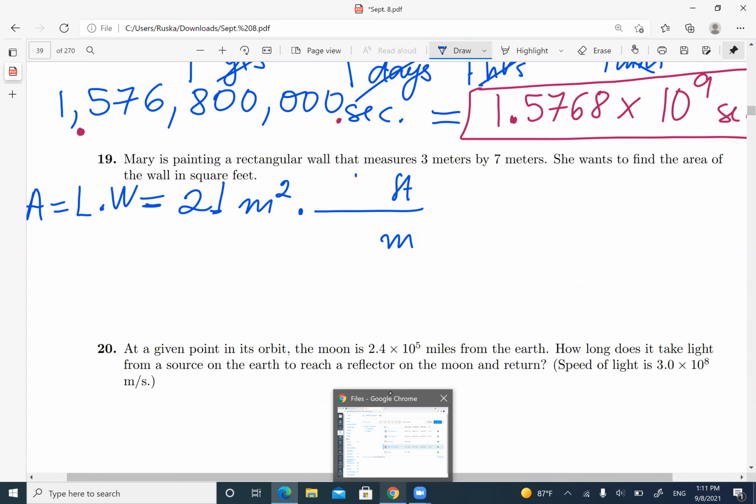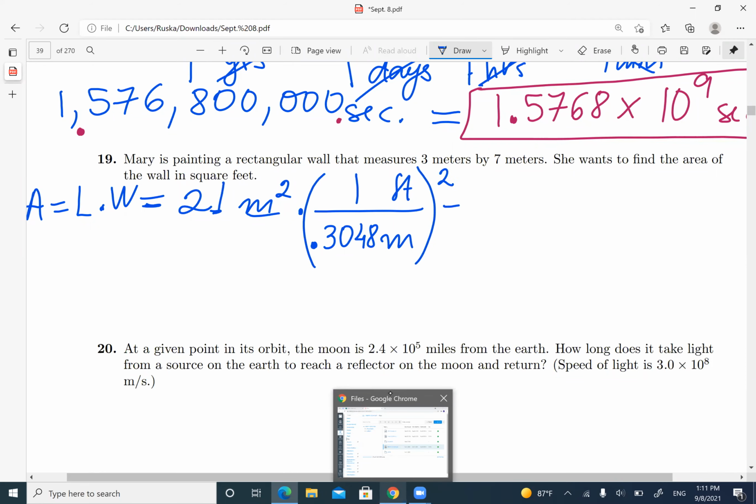So 1 foot is 0.3048. But now you can see you have meter squared in the top and meter in the bottom, so you have to square this, or multiply one more time. You can square everything here because it's a square.